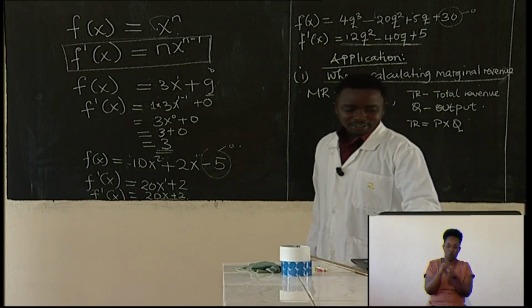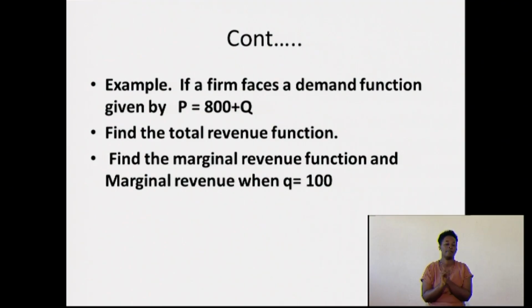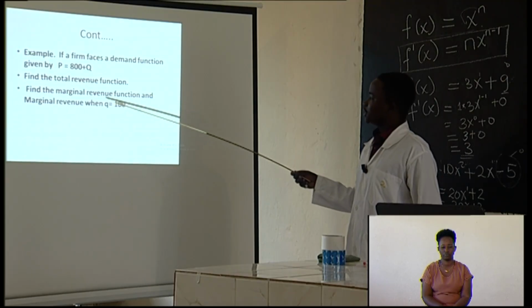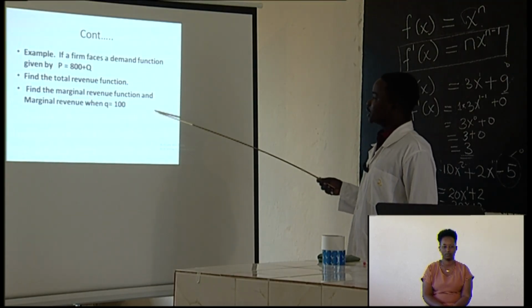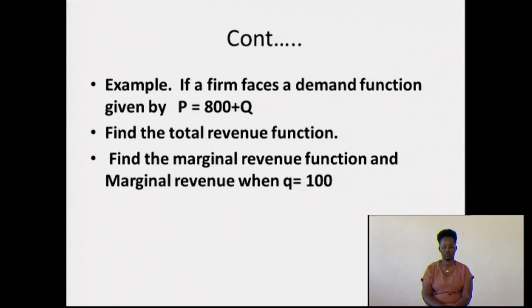So now let's see an example. We have an example whereby if a firm faces a demand function given by P equal to this, find the total revenue function, find the marginal revenue function, and the marginal revenue when Q, or output, is equal to 100. So how do you go about that?